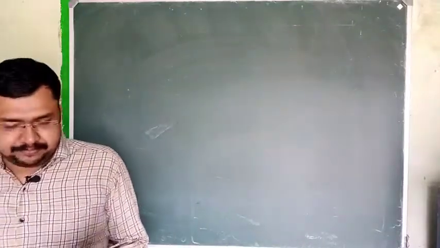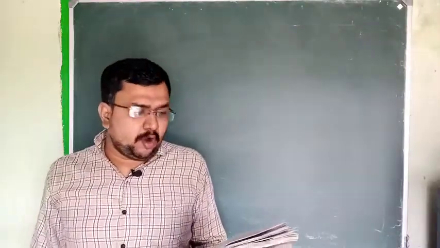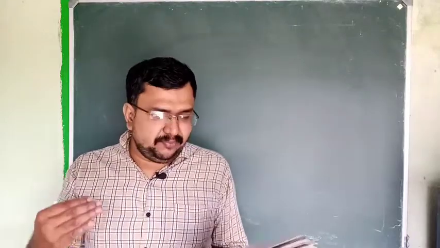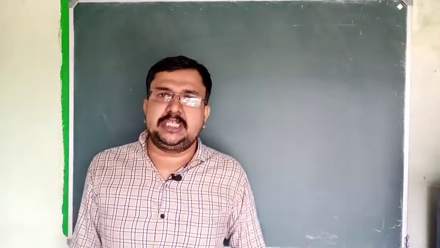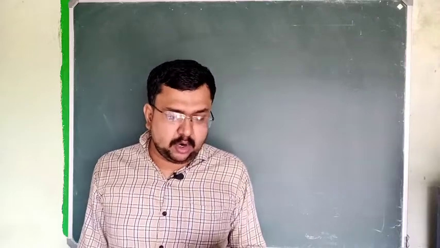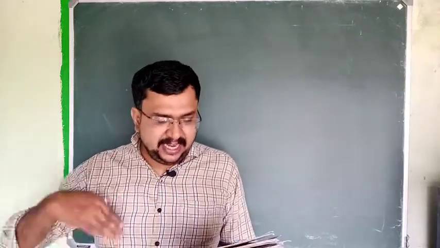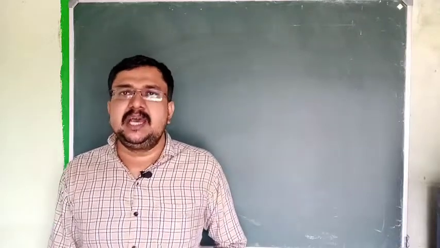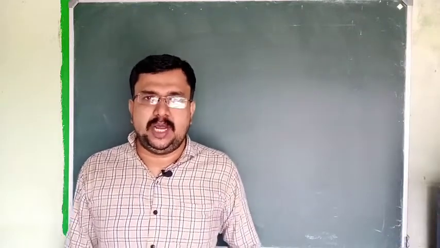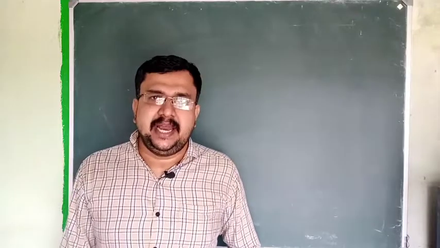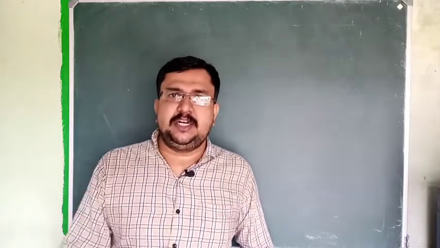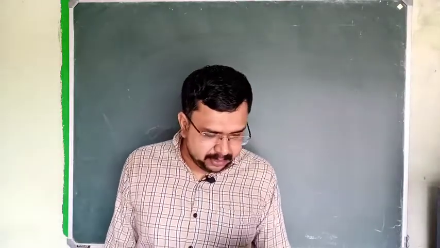Remember that the addition of complex numbers satisfies the following properties. First one is closure law. What is closure law? The sum of two complex numbers is again a complex number. That is, if z1 and z2 are two complex numbers, then z1 plus z2 is also a complex number.